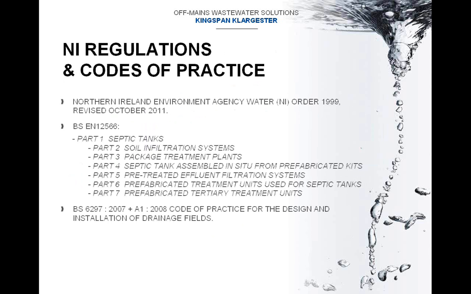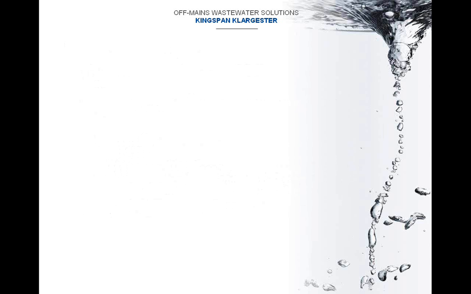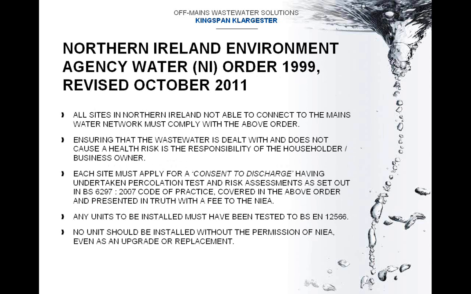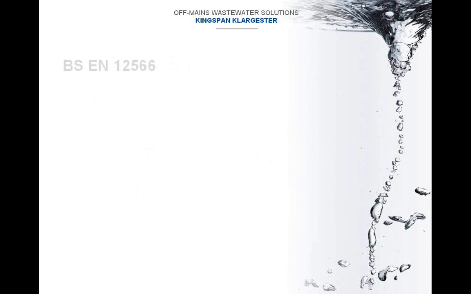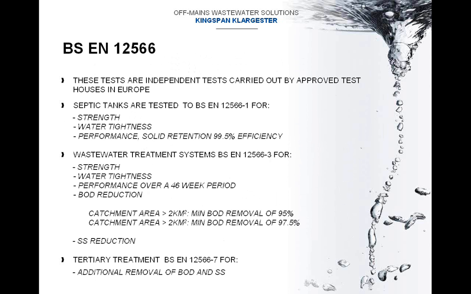Right, the Environment Agency require all septic tanks and sewage treatment plants below 50 population to be certified to BSEN 12566. All Klargester tanks and sewage treatment plants comply to this certification. BSEN 12566.